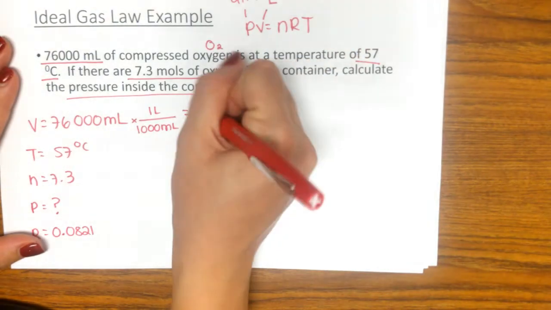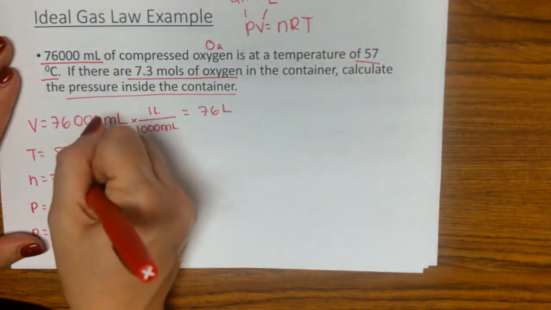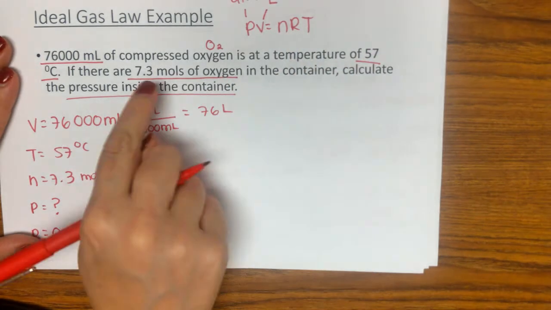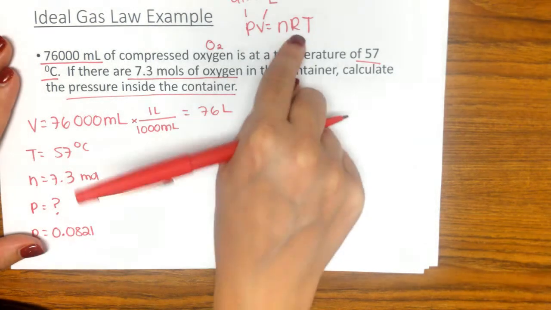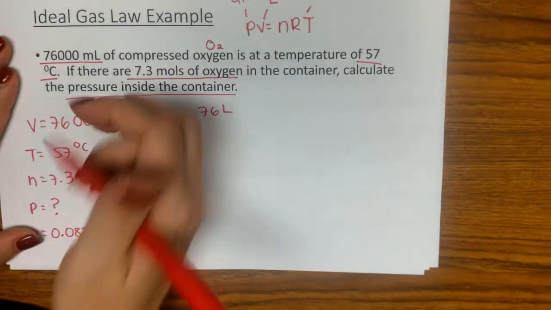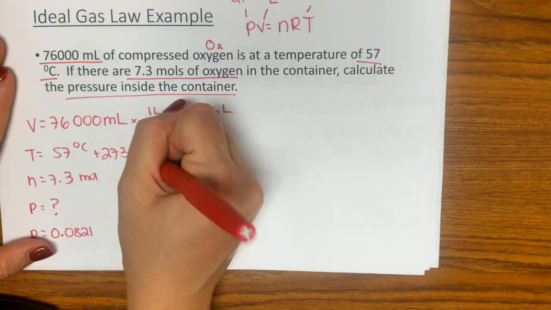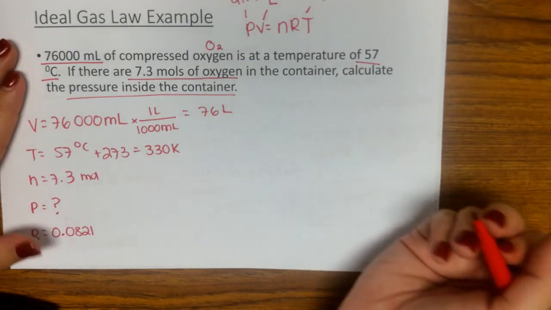And that is 76 liters. N is moles. Let's double check, was that moles? Yes, it was moles. R, my constant. T has to be in Kelvin. So add 273. 330 K.